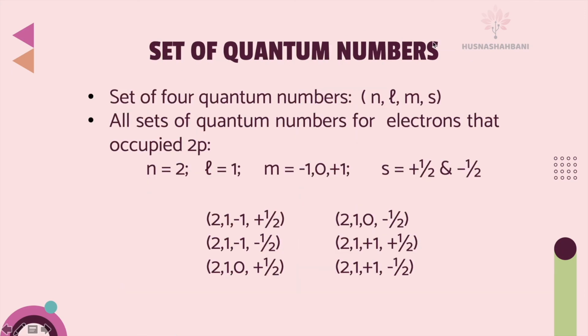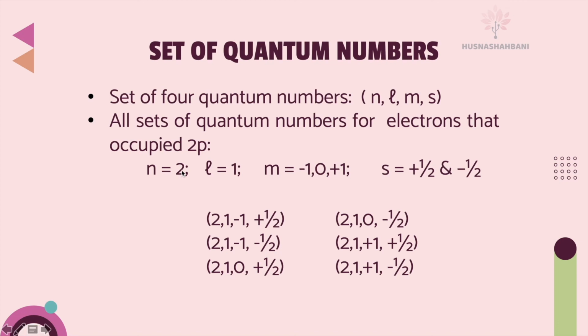A set of quantum numbers can be written in brackets: n, L, m, s. All sets of quantum numbers for electrons that occupy 2p: n equal to 2, L equal to 1, because p means L equal to 1. When our L is equal to 1, m values are negative 1, 0, positive 1. There are only 2 values for electron spin, which are positive half and negative half. We have to write all sets of quantum numbers for 2p.